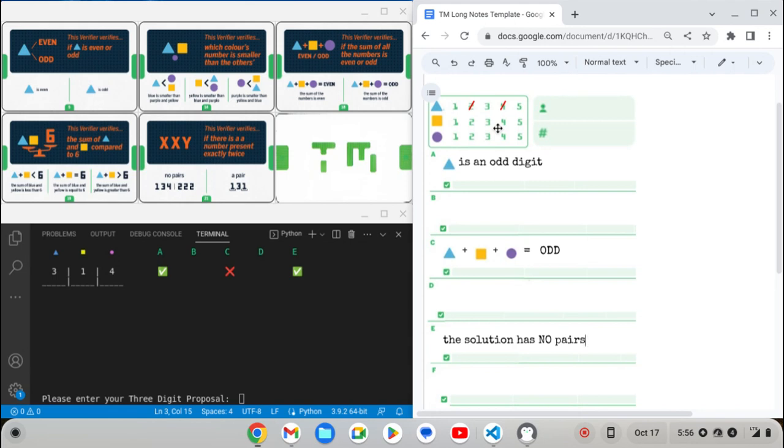But again, if it's the sum of 6, then obviously one of the triangle or square would have to be the smallest with 1. So it could be something like that. We could have anything else, but I think that might be a good strategy to construct that second round proposal.